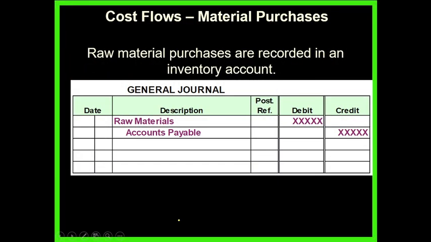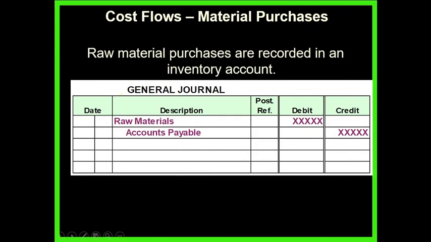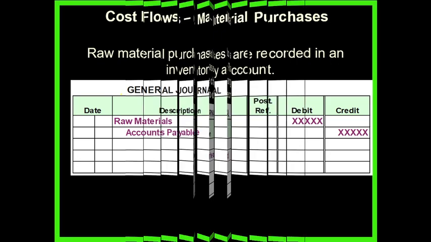This will now be your entry to record the purchase. Balikan mo yung key accounts mo: you debit your materials purchases, and then you credit your accounts payable, or it could be vouchers payable, or cash if it's already paid in cash. So that's the entry.